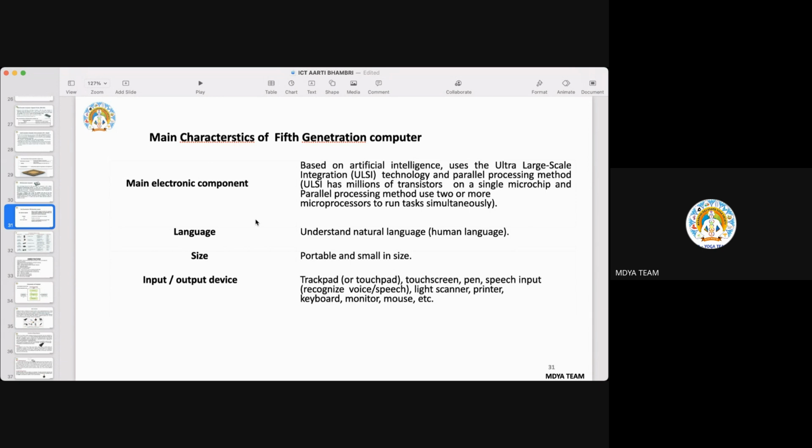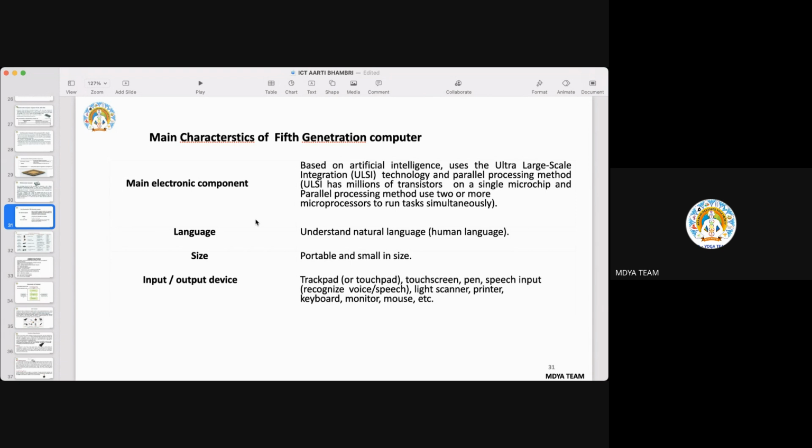And language is natural language. You can just say something, and the computer works accordingly, like Siri in Apple, and Google and Android systems. You just say something and you'll get the result. It's very people friendly, or customer friendly.